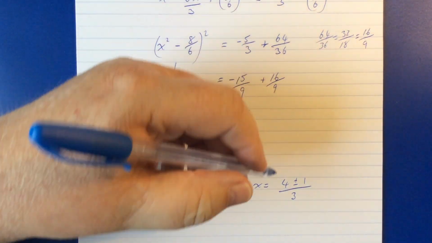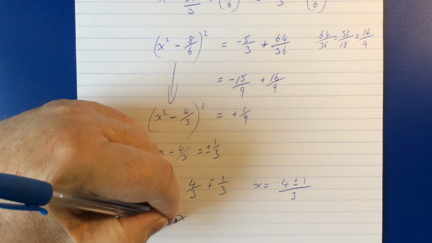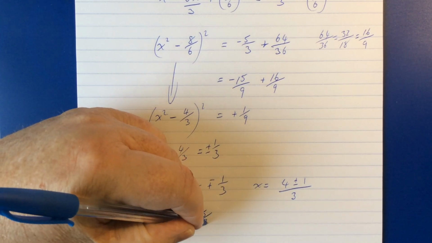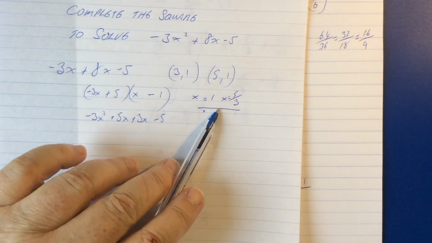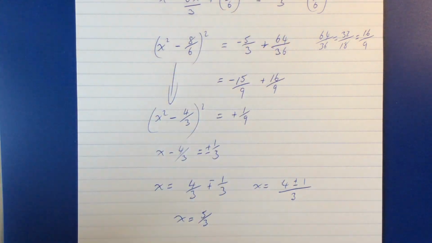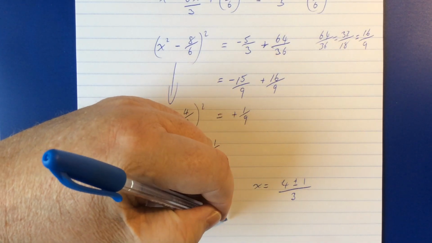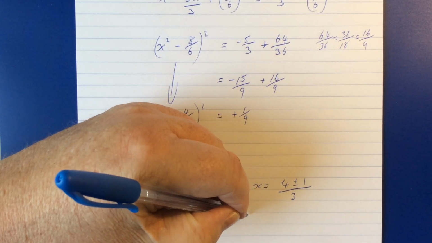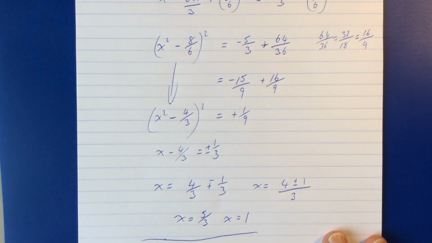Okay, so 4 plus 1 on 3 is 5 on 3. Where have we seen that before? We've seen it here. 4 minus 1 is 3 on 3, which is 1. There we are. The same answer.